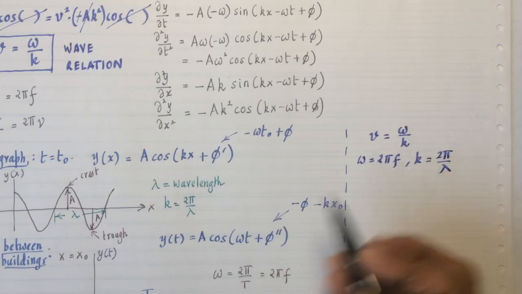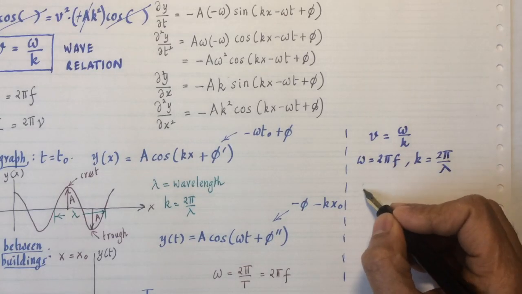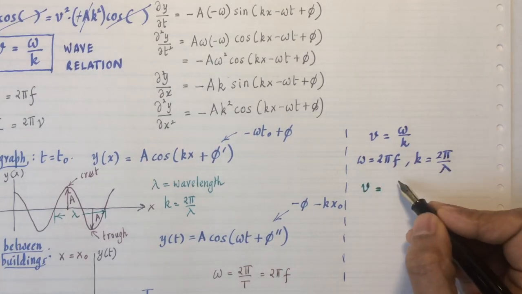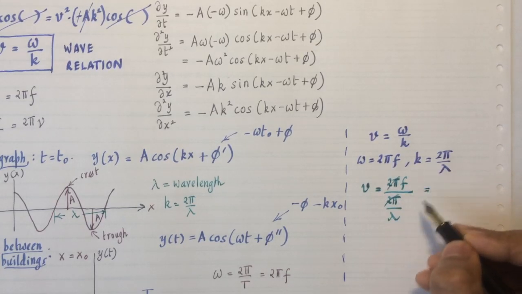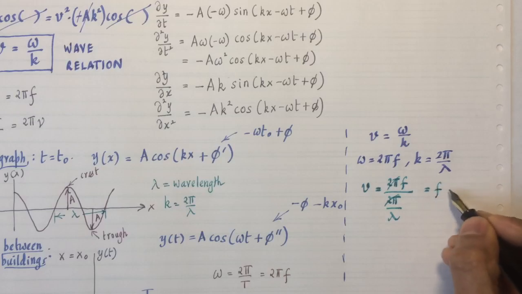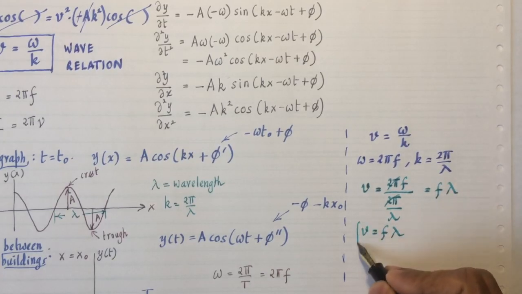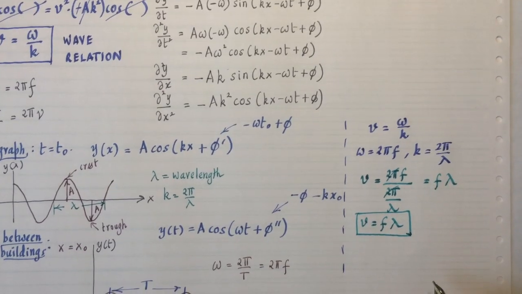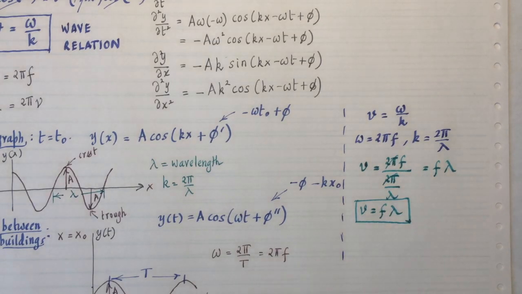So I'm going to write it in terms of the new variables, because that's simply the more common way of doing it. So this is going to be 2 pi f divided by 2 pi over lambda. The 2 pi's will cancel out and the lambda will come upstairs. So v = f times lambda. And there I've written one of the most celebrated equations in all of physics. The speed of propagation of a wave is equal to the frequency of the wave times the wavelength of the wave.